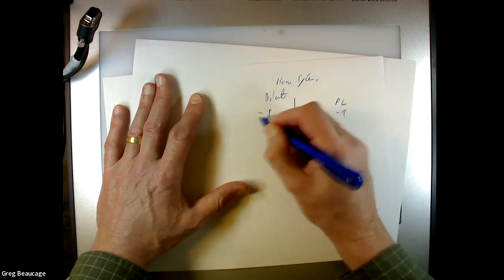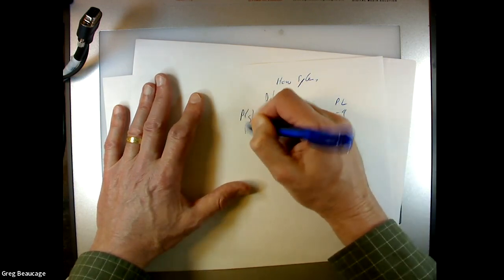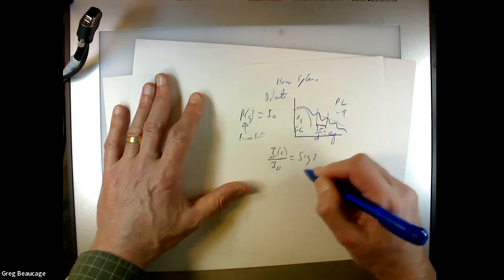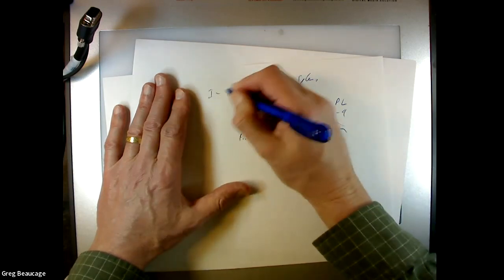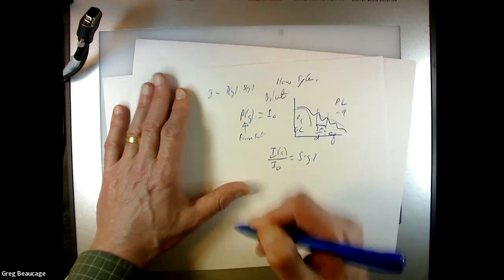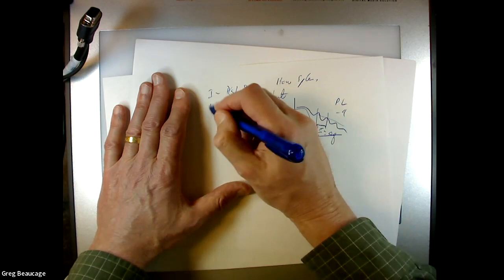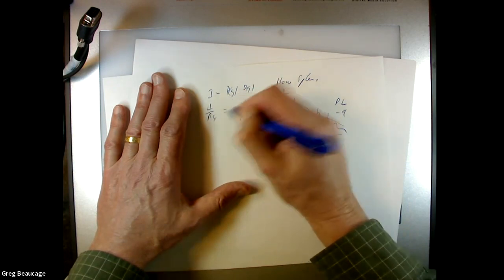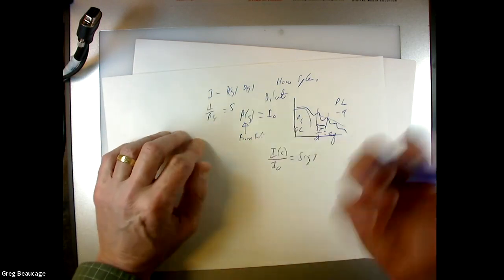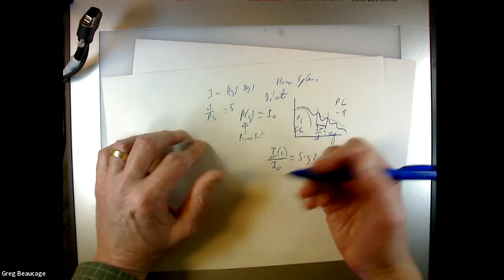That's P of Q, the form factor, and this is the structure factor. So the intensity is P of Q times S of Q. And so if I take I divided by P of Q, then I get just the structure factor, which has to do with the thing that we're interested in.